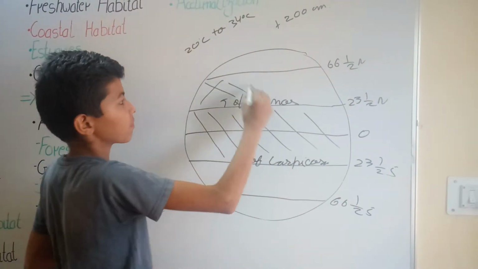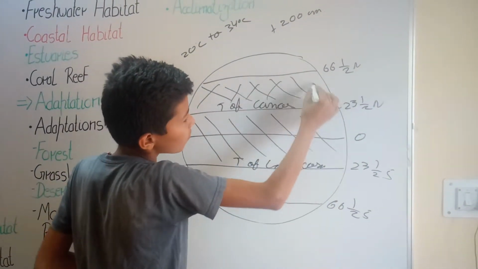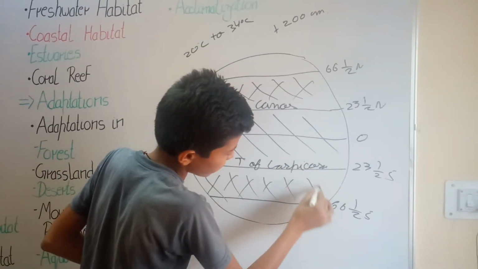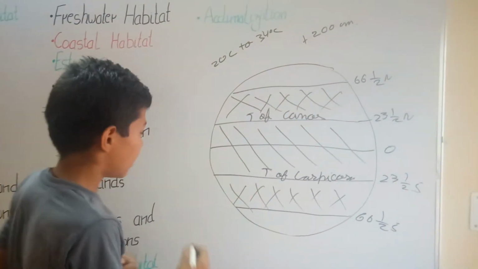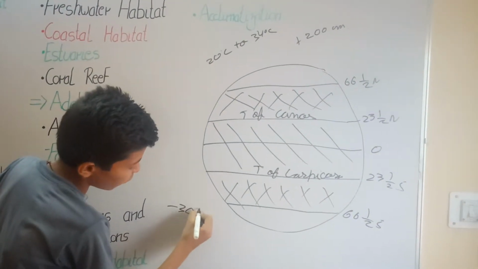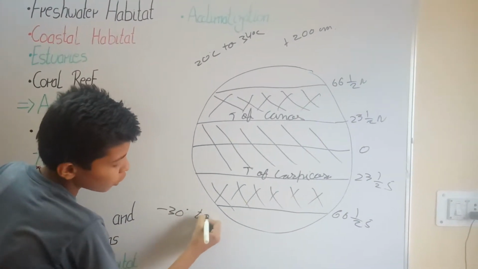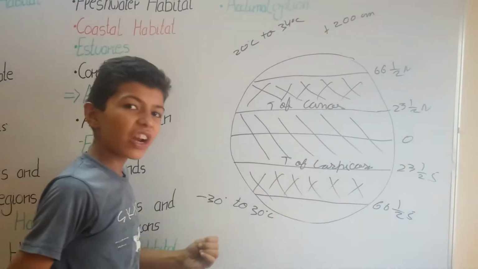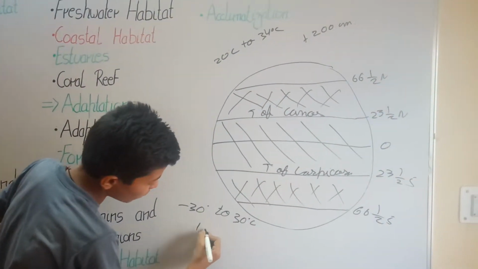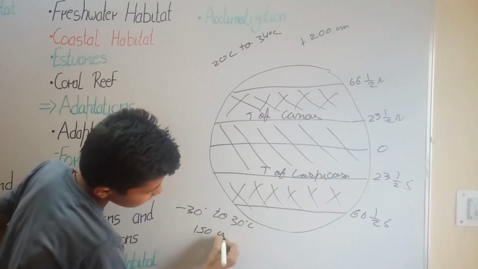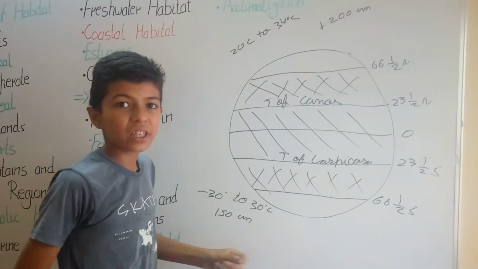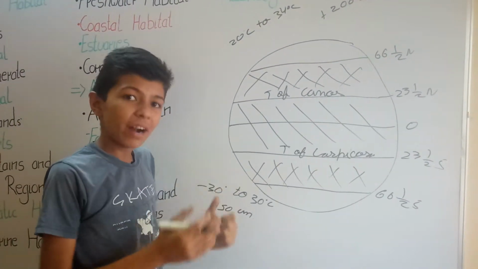This forest is called temperate forest. The annual temperature varies from -30 degrees Celsius to 30 degrees Celsius, and the annual rainfall is about 150 centimeter. It has a moderate temperature and all the seasons are well defined.